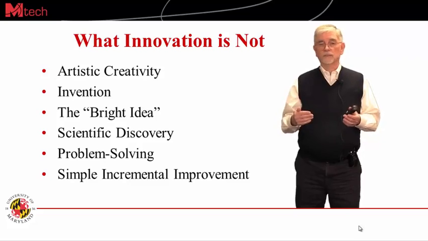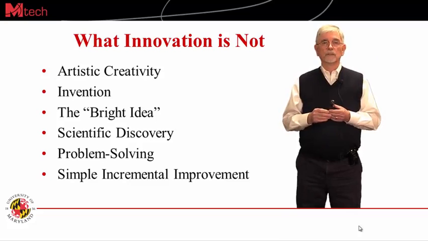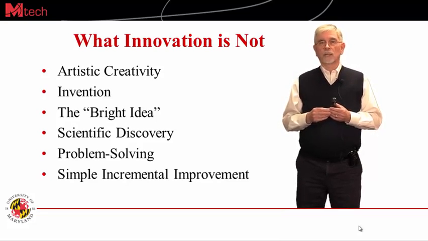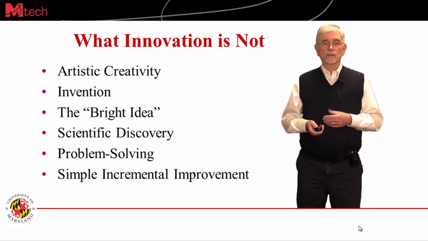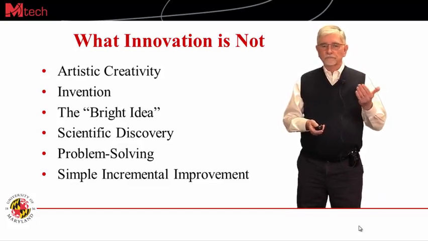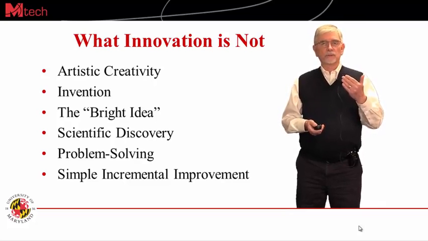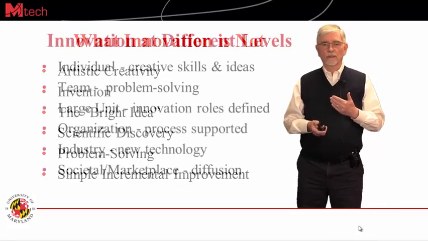And innovation is not simply basic incremental improvement. It's not just making something go a little bit faster, or making some process work a little bit smoother. It's a significant, in some cases, a radical improvement. So these are things that innovation is not, and we'll begin to differentiate how innovation isn't these things and how it is something that adds value.